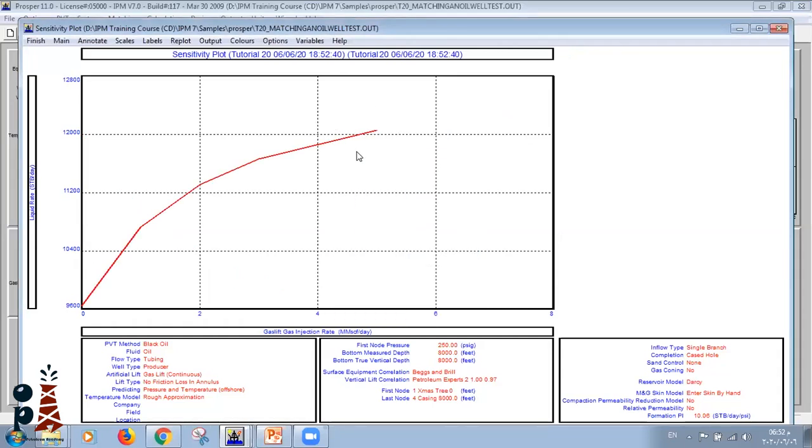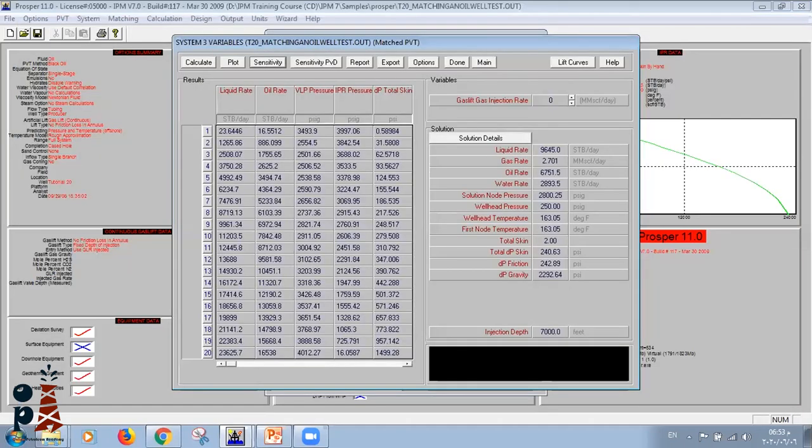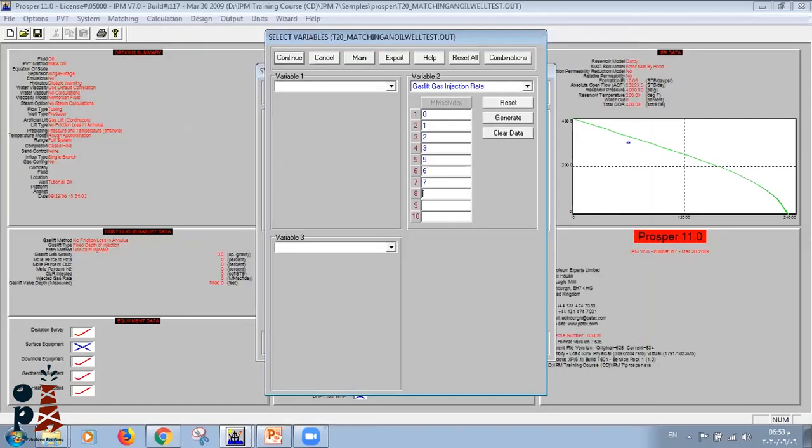As we see here, I have a liquid rate of 9,600, and while I increase the injection gas, I have an increase in the rate. So when I increase the injection gas, will the rate keep increasing? For sure, no. I can use high rates here to show you.